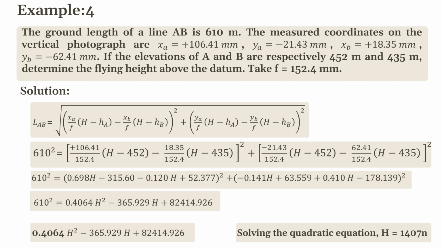The elevation of point A is 452 meter and point B is 435 meter. Focal length of the camera f is equal to 152.4 millimeter. So, substituting in that lengthy formula and solving the quadratic equation, we arrive at capital H is equal to 1407.